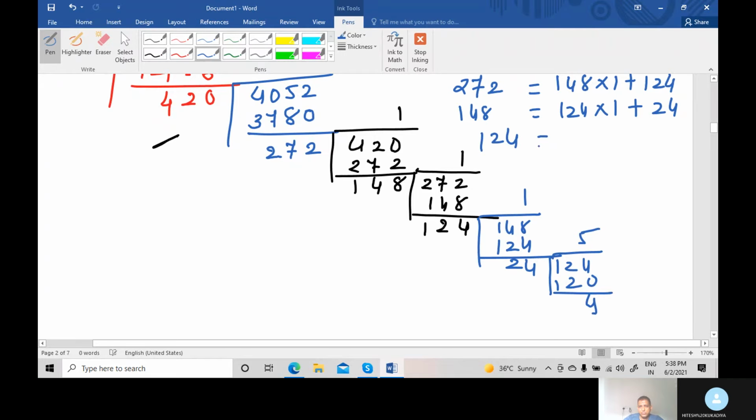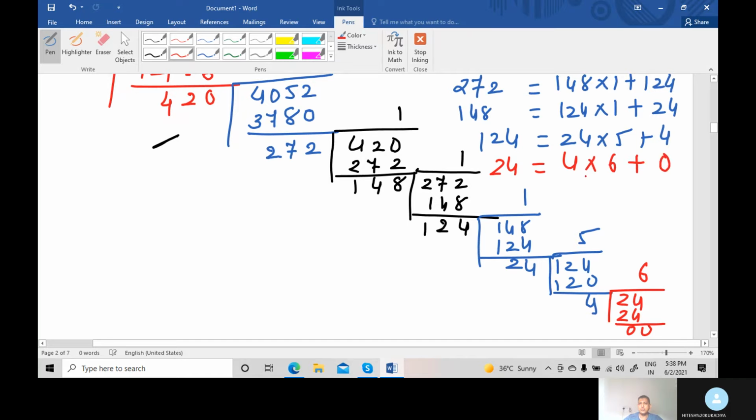Right here, 124 equal to 24 into 5 plus 4. Now 4 inside, so 4 6s are 24, remainder 0. Okay, now write over here 24 equal to 4 into 6 plus 0.